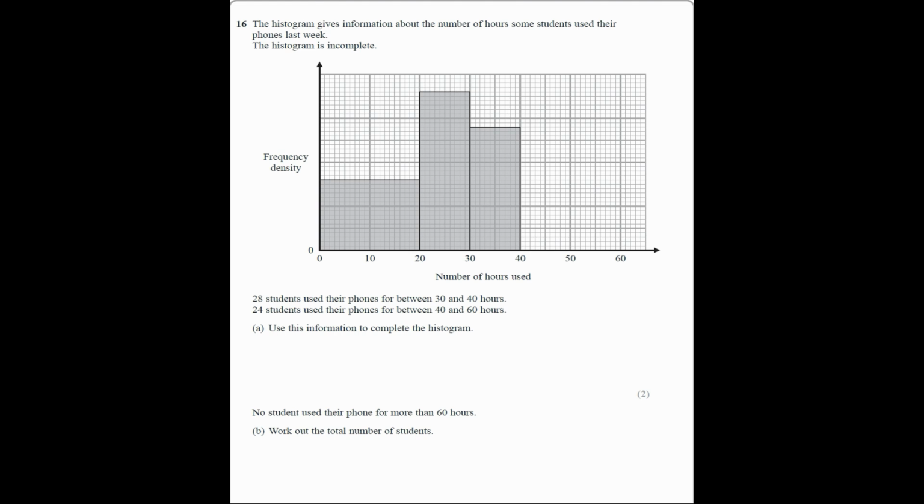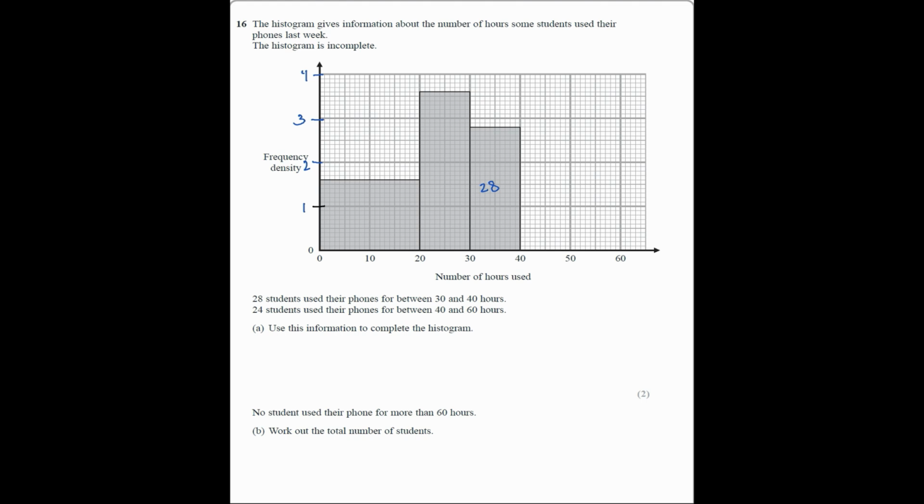Okay, we can label it like this. 1, 2, 3, and 4 is there. So confirm the bar from 30 to 40 hours. Here we have 30 to 40 hours, the frequency is 28. Last bit, if we talk about the class width, we have to do 40 minus 30, that is 10.